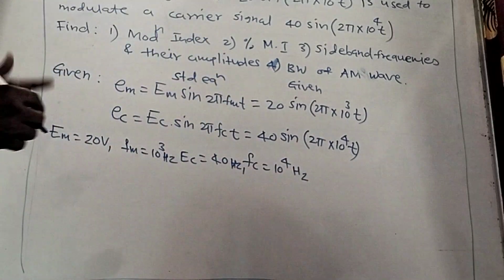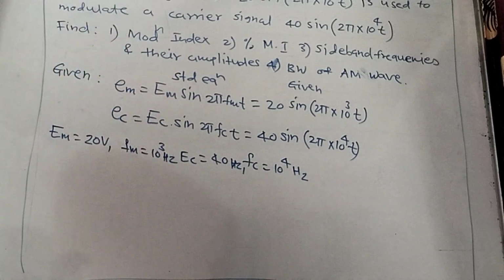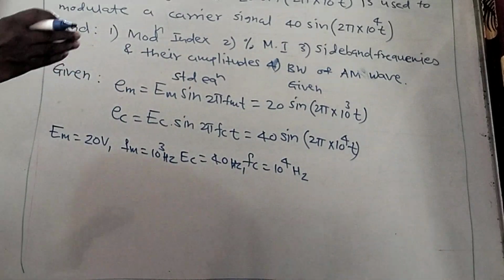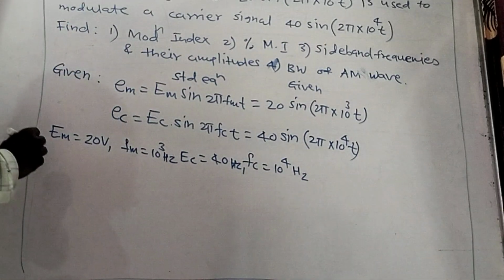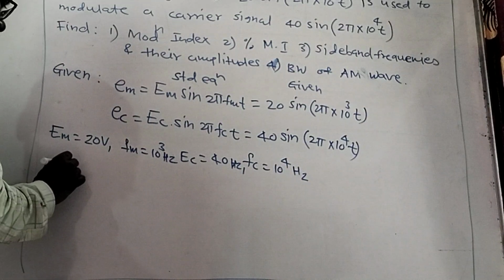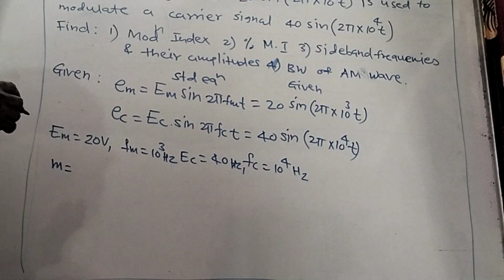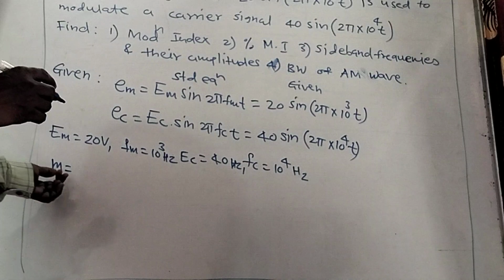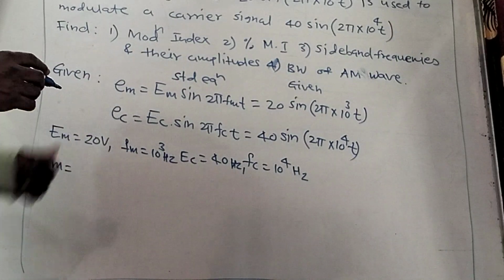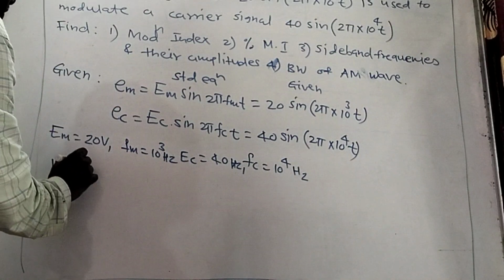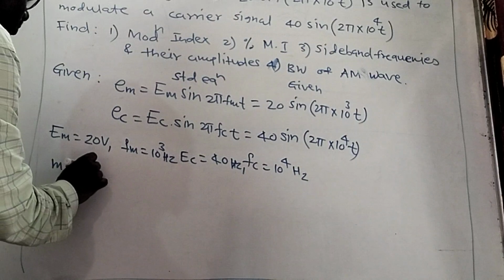Then we have to find first the modulation index. What is the formula for modulation index? M is equal to EM by EC.